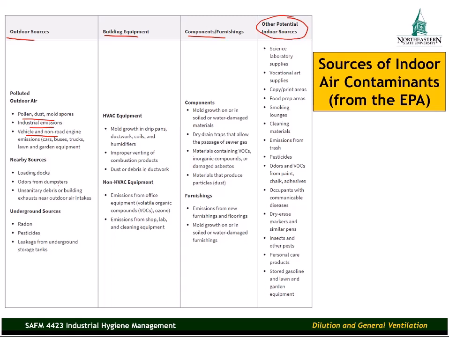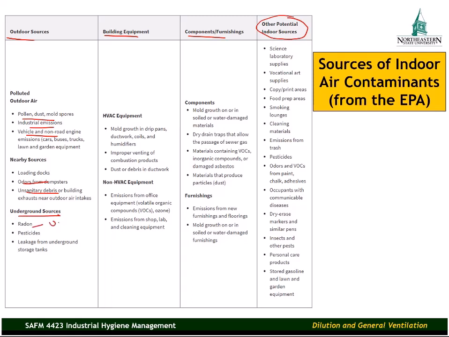A lot of our air contamination in the United States is because of all the cars we have on the road. It could be an outside source, could be odors from dumpsters, unsanitary debris, or building exhaust near outdoor air intakes. The outdoor source could even be underground.